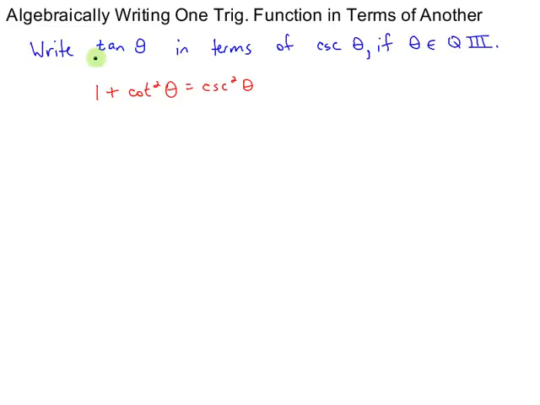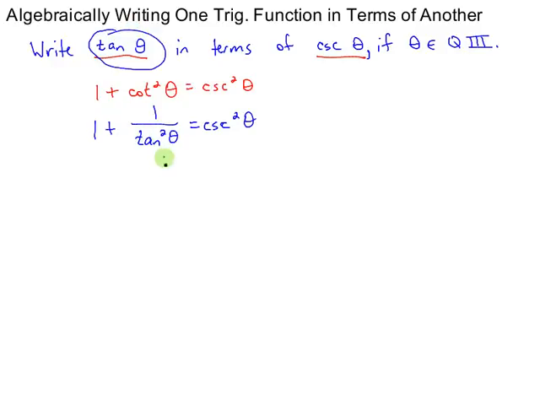The first thing we should do is rewrite it so that we actually see tangent and cosecant. So if I do that, it'd be 1 plus cotangent is 1 over tangent, so cotangent squared is 1 over tangent squared, and cosecant I don't want to mess with because I need that in the equation anyway. Now we do the algebra to solve for tangent.